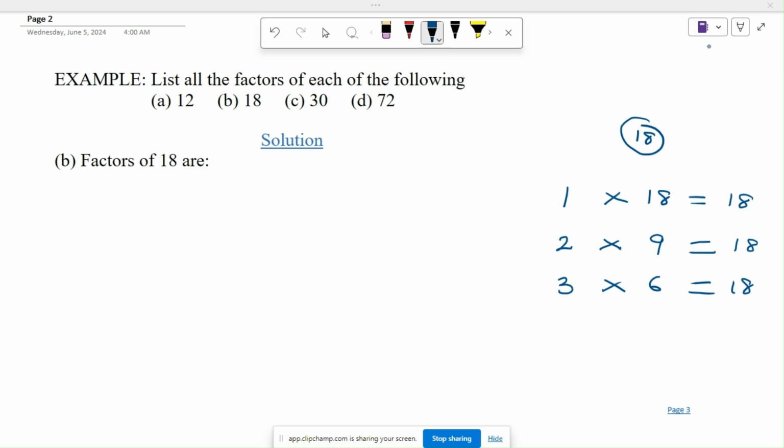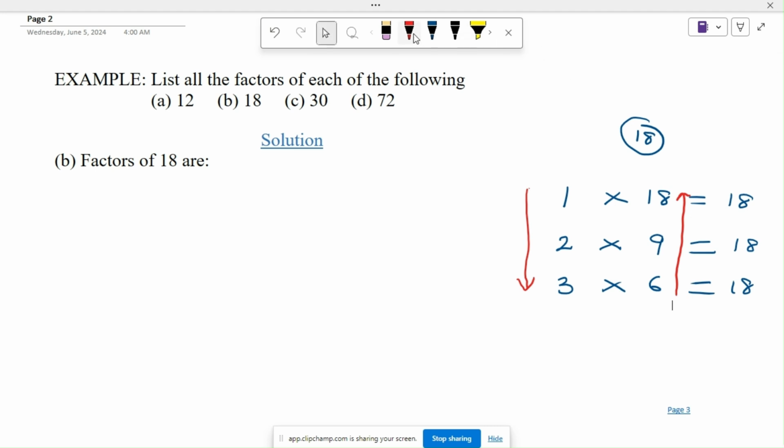So the next number should be 6, and we already have 6, right? And then we are going to stop. So let's list all the numbers now in this order, like we did at first. We list this way and then this way.